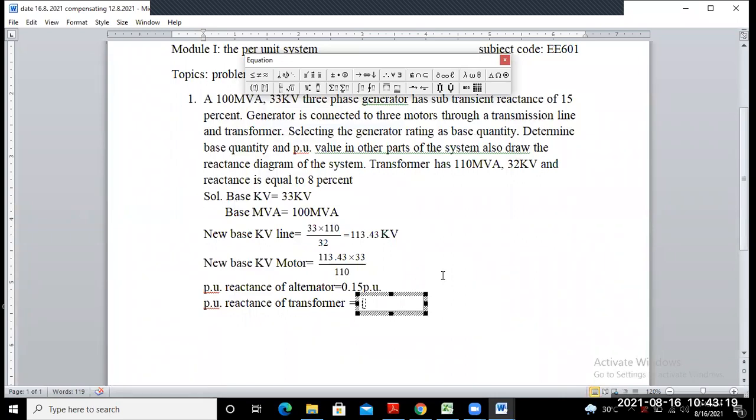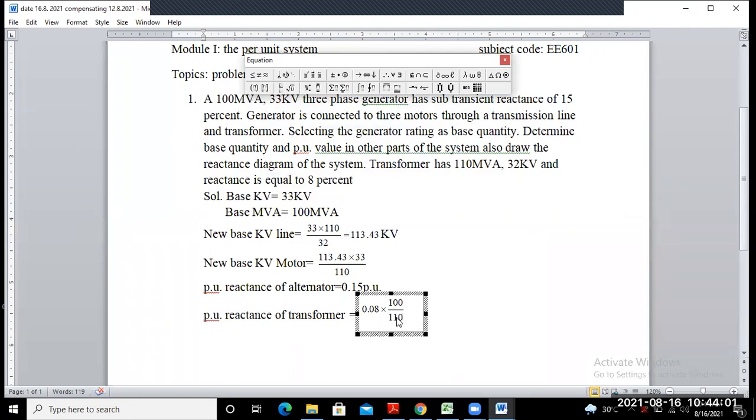So the per unit reactance value old is equal to how much? 8% means, if you divide by 100, you will get 0.08. So just put here 0.08 into MVA new by MVA old. MVA new is 100, and MVA old is 110.